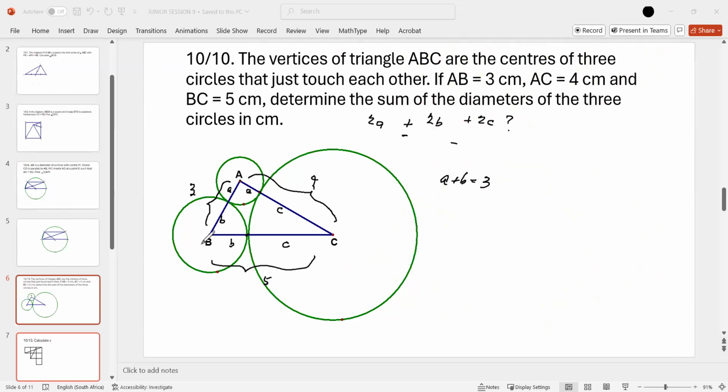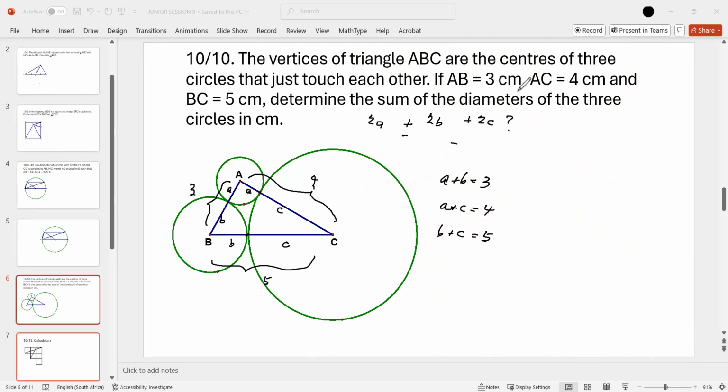Because the distance from A to B is A plus B, and it's given that the length is 3. Likewise, this part here, A plus C is equal to 4. And if you take this part here, B plus C is equal to 5.